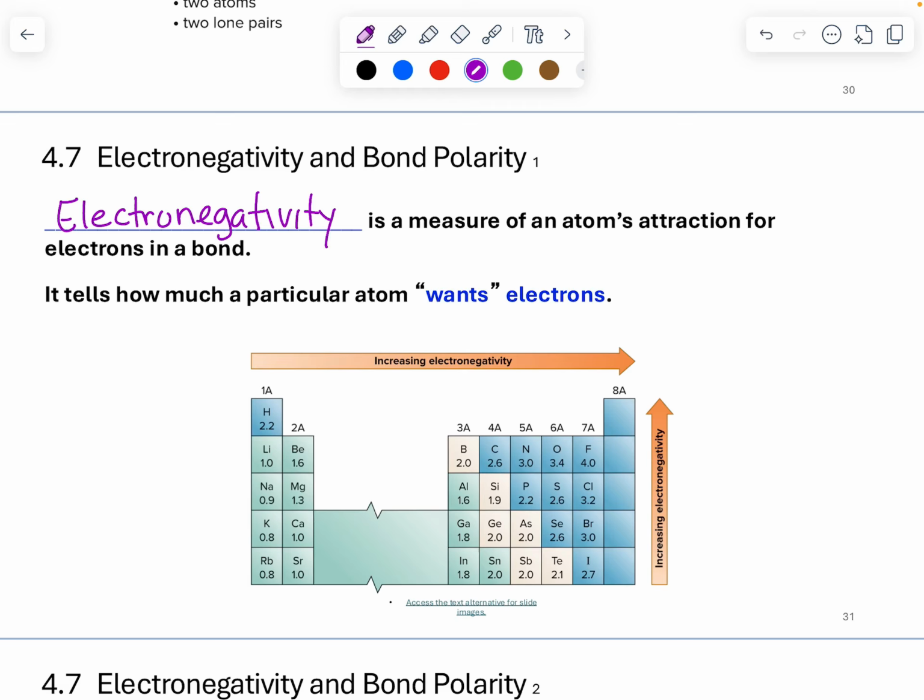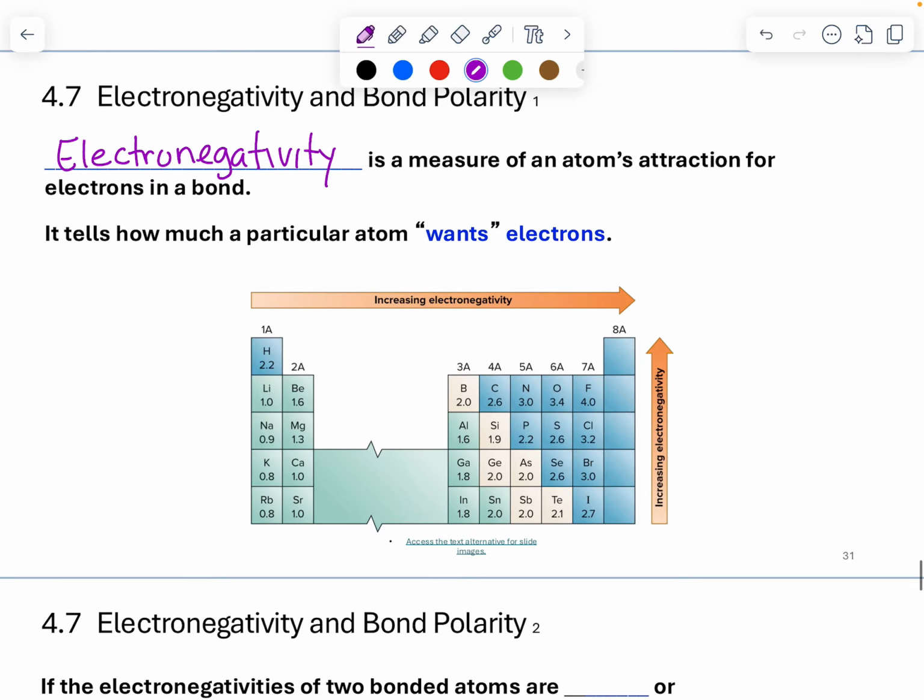So electronegativity is another one of the periodic trends that we see on the periodic table, and this picture here below shows the trend as you move from left to right across the periodic table, across a period, the electronegativity increases, and as you move from bottom to top, the electronegativity increases. The abbreviation for electronegativity is capital E, lowercase n.